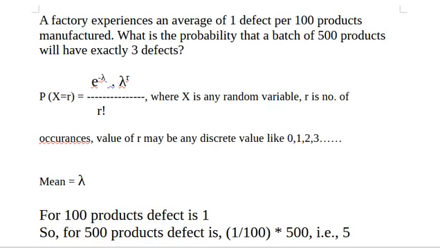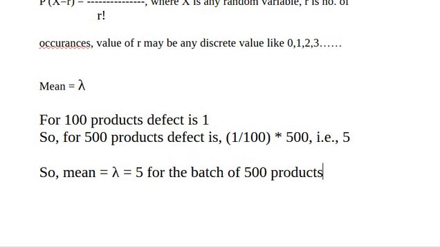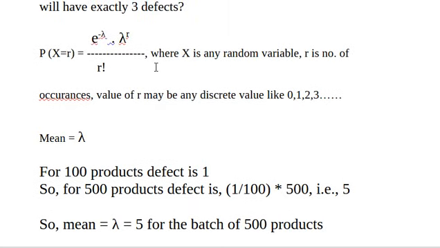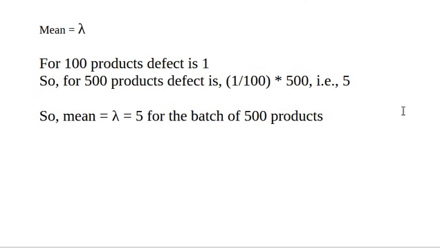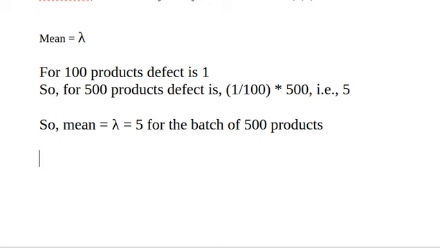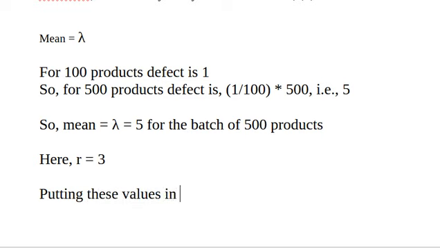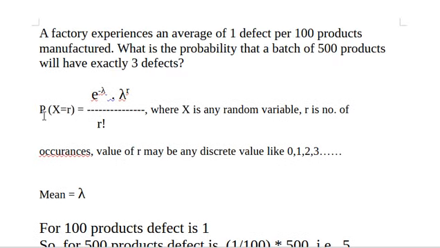So here the number of occurrences r is 3. Now if I put these values in the above formula, we get, we will write down the formula and then put in the values.